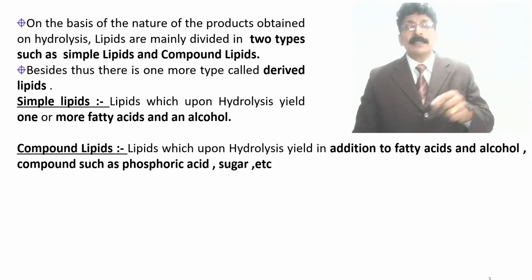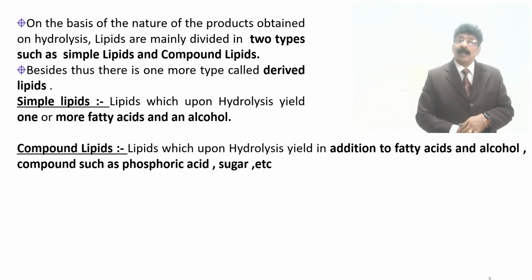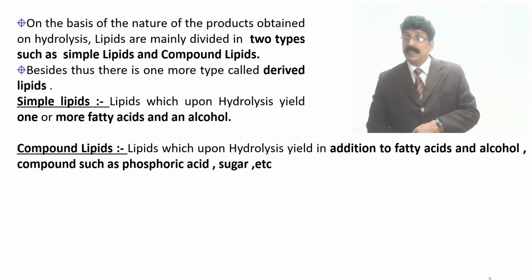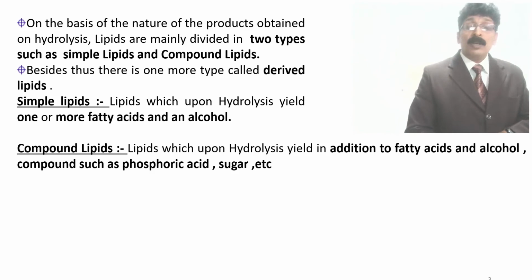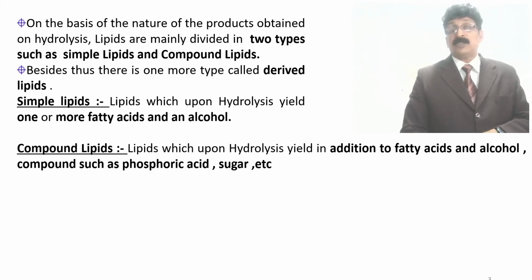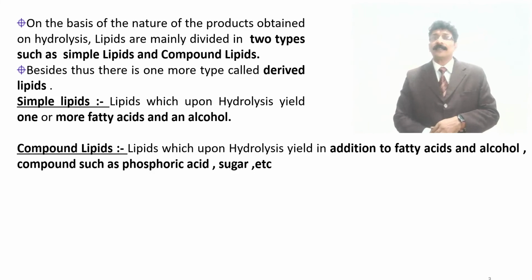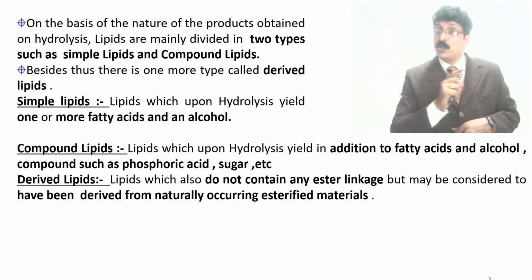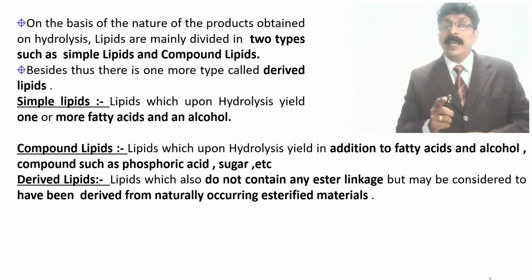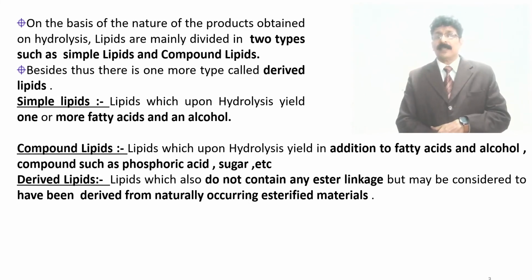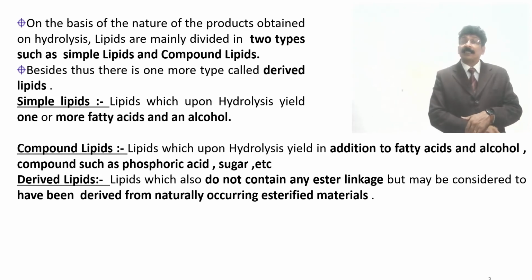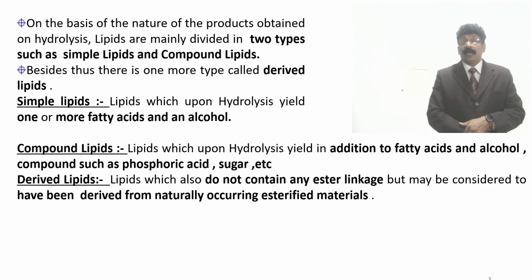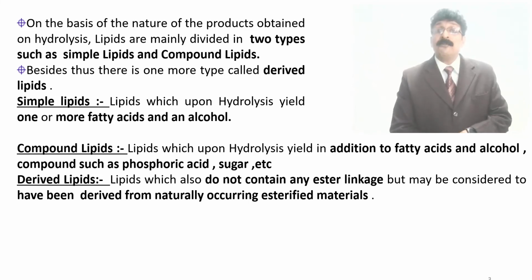Compound lipids are lipids which upon hydrolysis yield, in addition to fatty acids and alcohol, compounds such as phosphoric acid, sugar, etc. Derived lipids are lipids which do not contain any ester linkage but may be considered to have been derived from naturally occurring esterified materials.